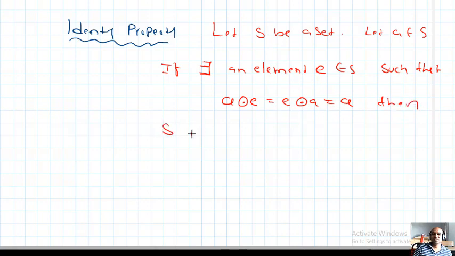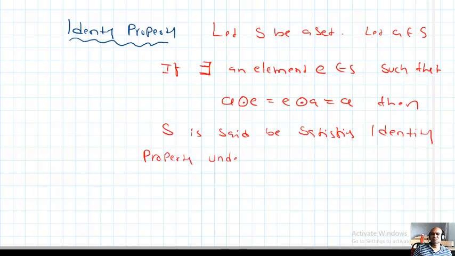S is said to satisfy the identity property under circle dot, and also E is called the identity element.